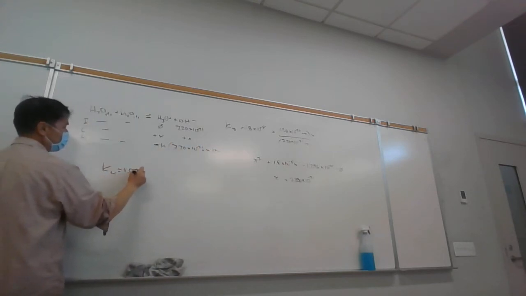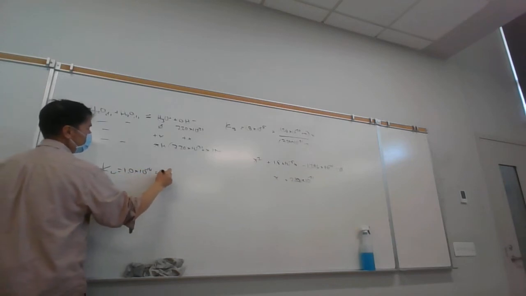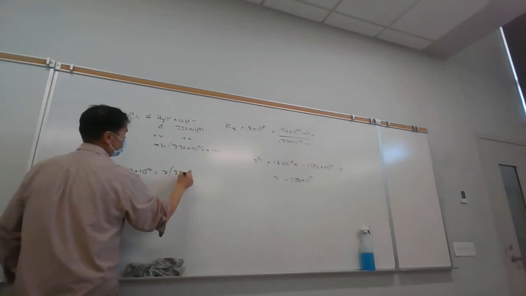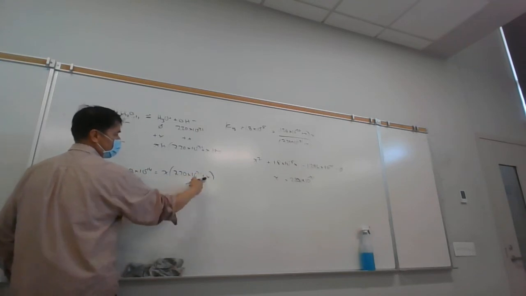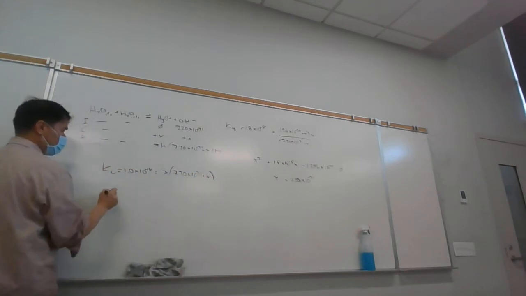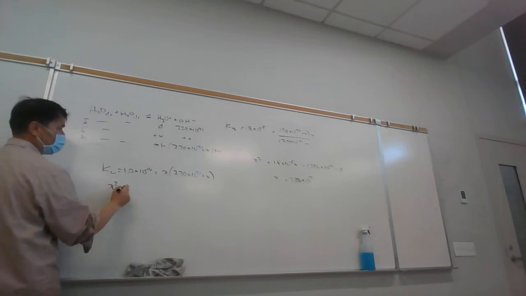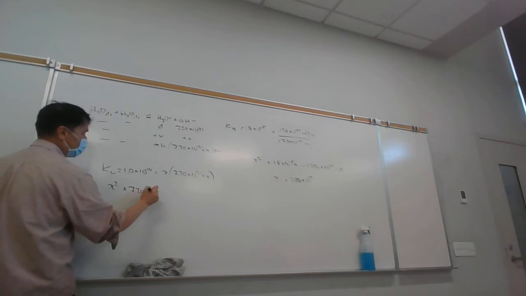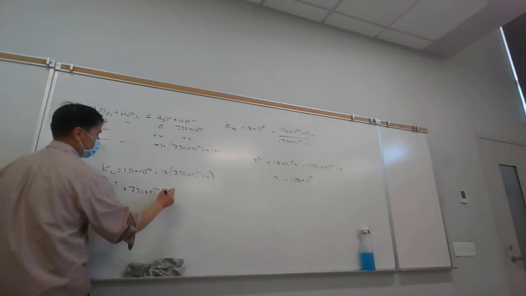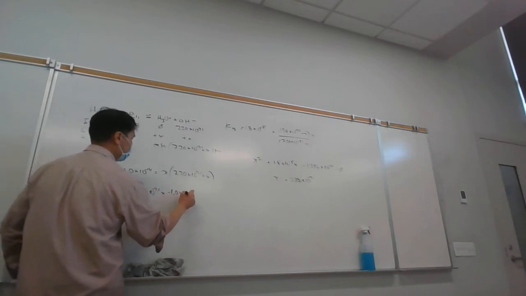Kw is equal to 1.0 times 10 to the negative 14, which is going to equal x times 7.20 times 10 to the negative 21 plus x. I don't think the simplifying assumption is going to work. This initial concentration is too small. So we're going to go x squared plus 7.20 times 10 to the negative 21 x minus 1.0 times 10 to the negative 14.